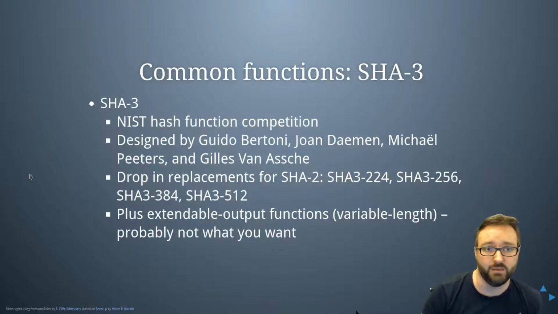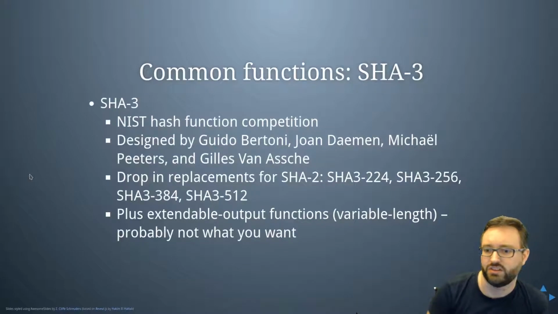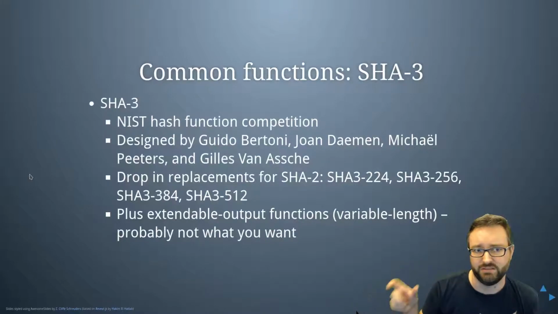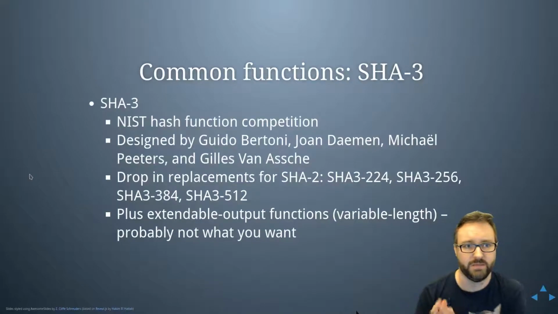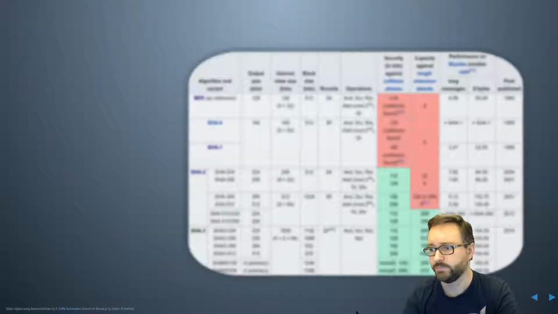The winner is now known as SHA-3, and it's got drop-in replacements for each of the different lengths of SHA-2 that existed, plus an extendable output version where you can specify the exact length that you want as an output. It's probably not what you want, but it's just a feature of SHA-3.